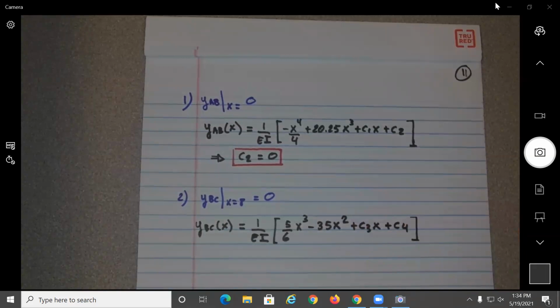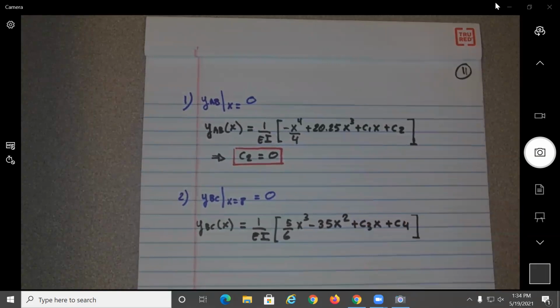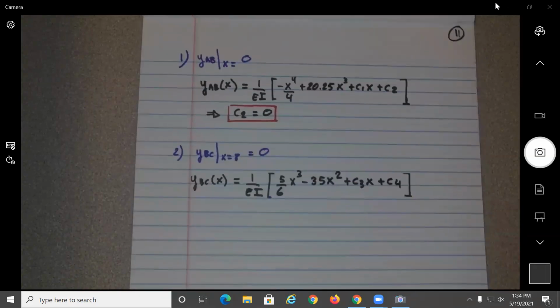So basically now what we need to do is substitute the X by 8 and equal that to 0, okay?